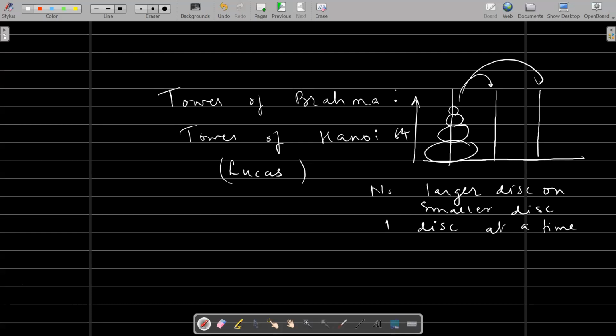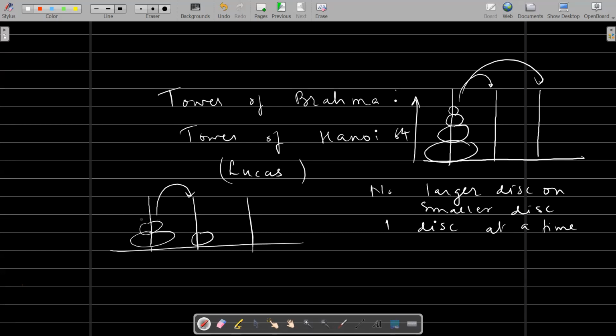But in fact, the number of steps required for this is too large. You can try to find out for, say, 2 discs, 3 discs, 4 discs, and so on, and you can guess the answer. Suppose I want to move 2 discs. I shift the first one from here to here.